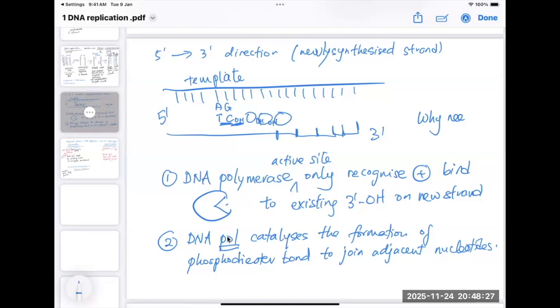Okay, so DNA pole is the one that matches the complementary base pair. So they make sure that the correct nucleotide comes in to do the CBP, complementary base pairing. So they match like this, complementary base pair, and then after that, the phosphodiester bond. So all this is done by the active site of the enzyme.